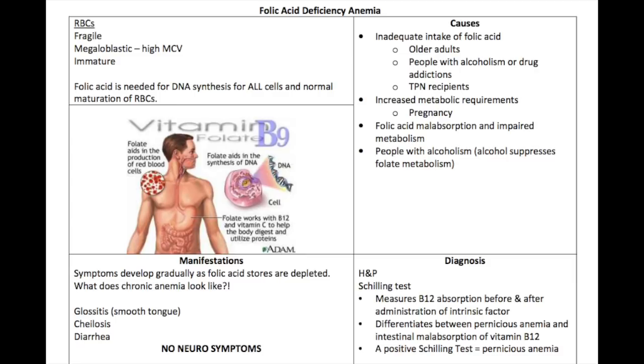When you think about the causes of folic acid anemia, this occurs in older adults, and then people with alcoholism or drug addictions, TPN recipients. So your TPN recipients, you'll see them get folic acid a lot in addition to the TPN. And then increased metabolic requirements of pregnancy.